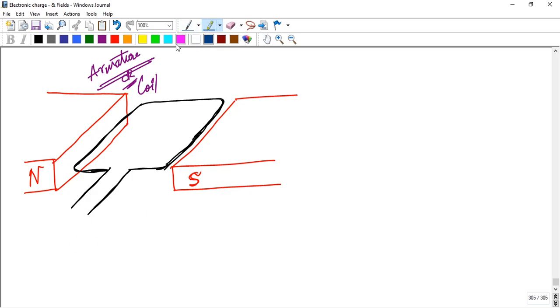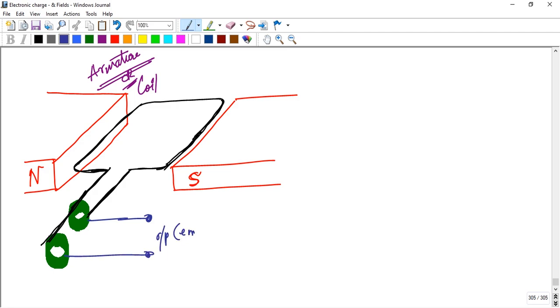Now there are two slip rings here. The ends of the coil are connected to these two slip rings, and these are the carbon brushes, and we measure the output EMF at these two terminals.